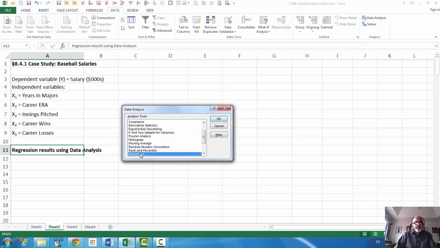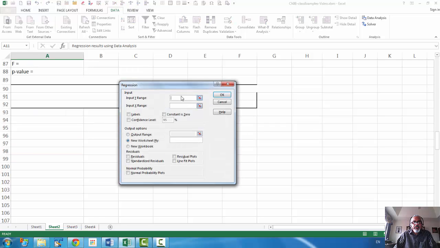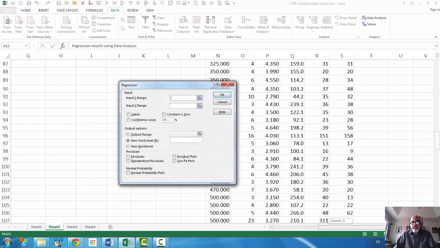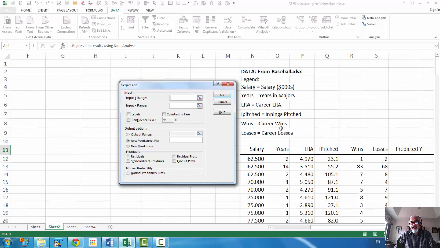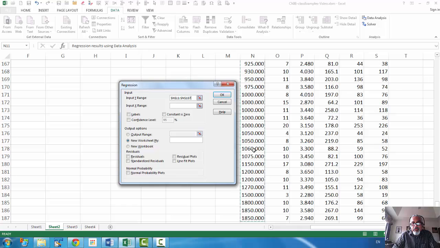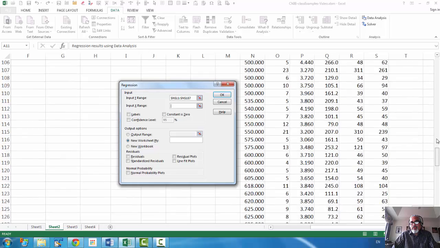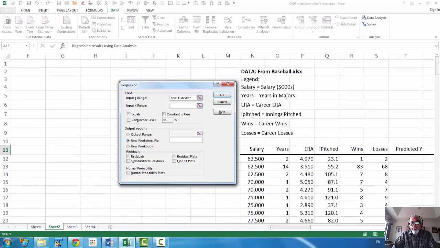Data analysis, and we go to regression. Okay. Y range is salary, and we'll include the label. Okay. Now in this case there is no estimation sample or holdout sample, so we'll include all the observations.